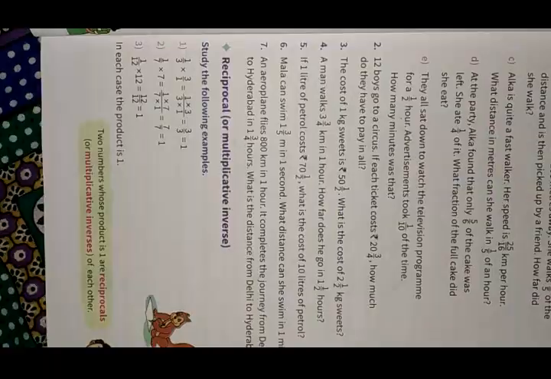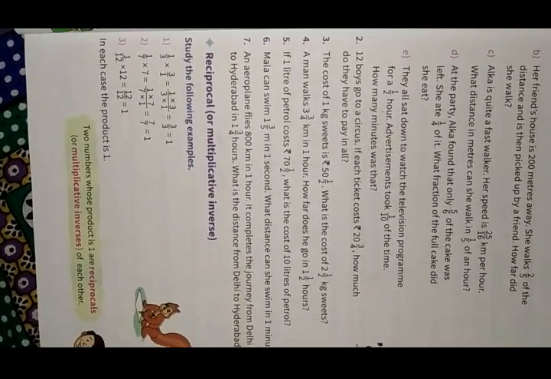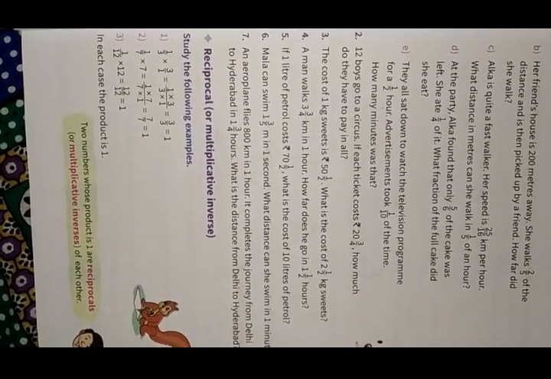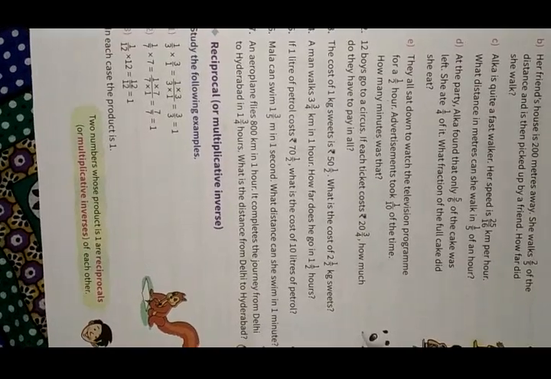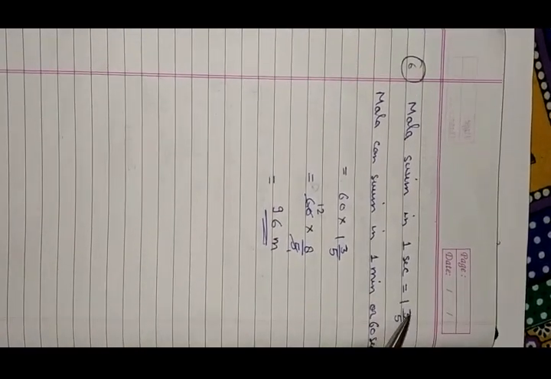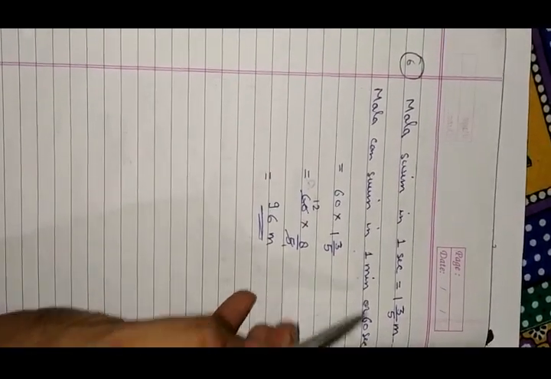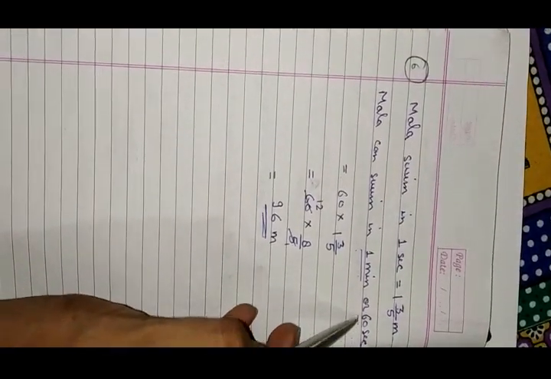Question number 6. Mala can swim 1 3/5 meters in 1 second. What distance can she swim in 1 minute? Okay. Mala can swim 1 3/5 meters in 1 second, and we have to find what distance she can swim in 1 minute. The distance covered in 1 second is 1 3/5 meters. We need the distance covered in 1 minute, or 60 seconds. 1 minute is equal to 60 seconds.